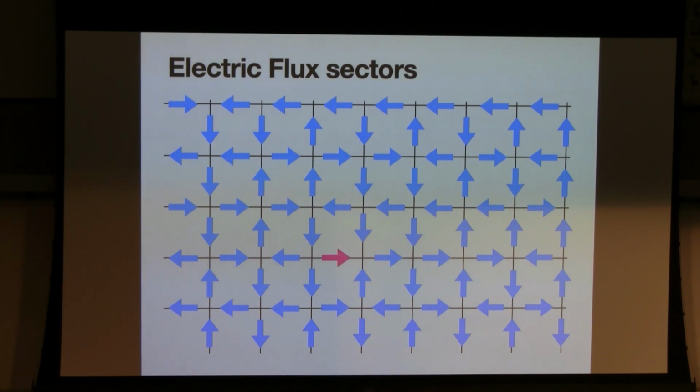Now I'm going to take a spin and flip it. I flipped that one. That created 2 defects. And there they are. And now I'm going to drag one of them around my system. Through the periodic boundary. Keeps going. There he goes. And I bring him back where he started and re-annihilate.